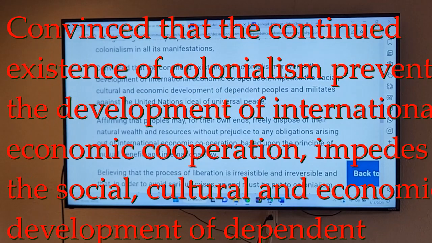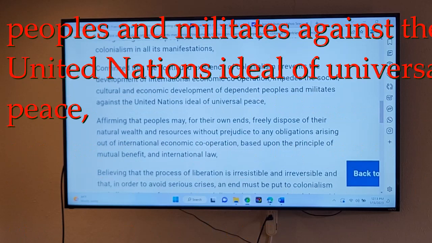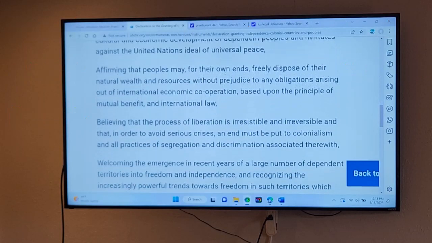Correct. Okay. Convinced that the continued existence of colonialism prevents the development of international economic cooperation, impedes the social, cultural, and economic development of dependent peoples, and militates against the United Nations ideal of universal peace.